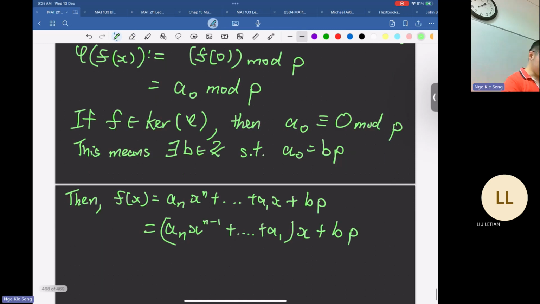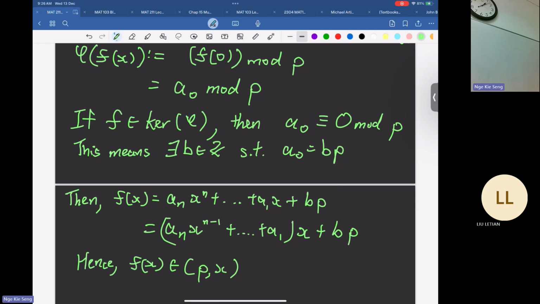Hence, f(x) is in the ideal generated by p and x. So you can see that everything here should be in Z[x], and b is in Z[x] as well, because b is in Z, generated by x and p, a linear combination of x and p.